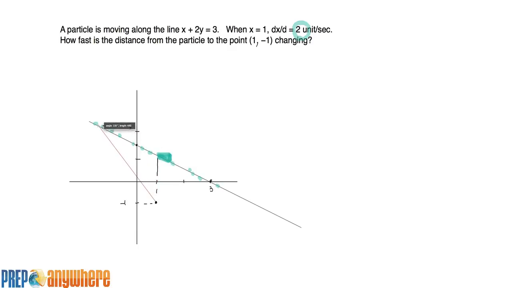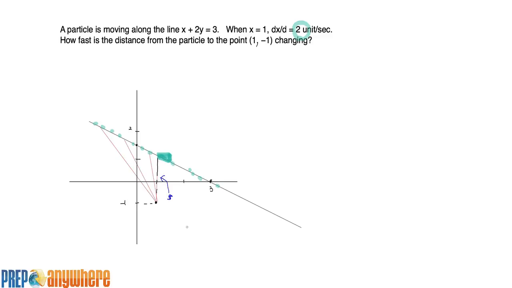If the particle is here, that'll be the distance. So at this moment, do you see how the distance is shrinking? What is the rate of change of this distance with respect to time? That's the question. So let's call this distance s.